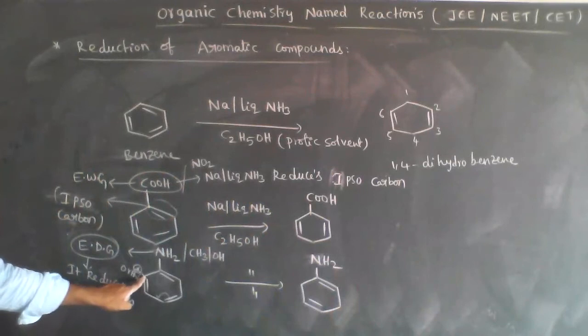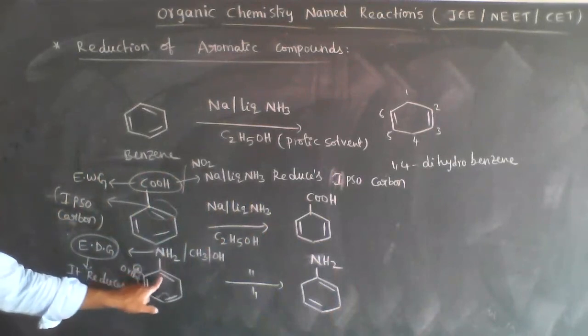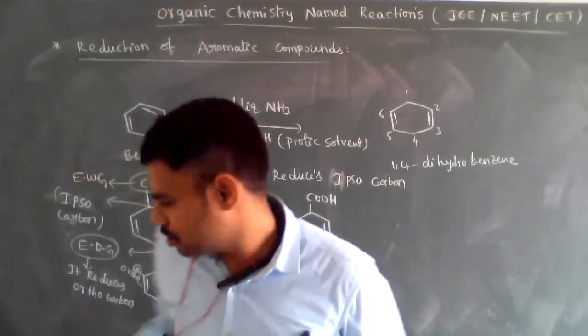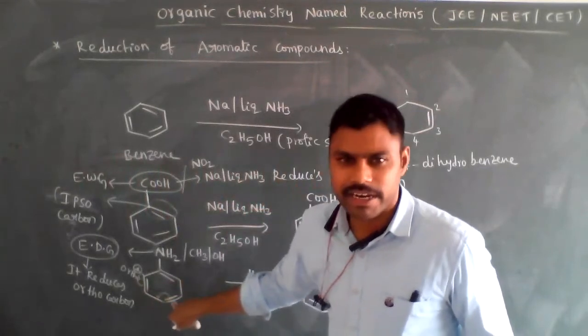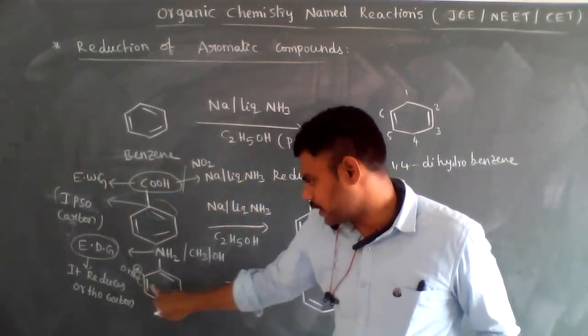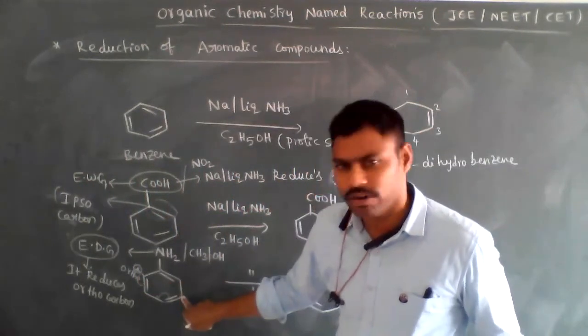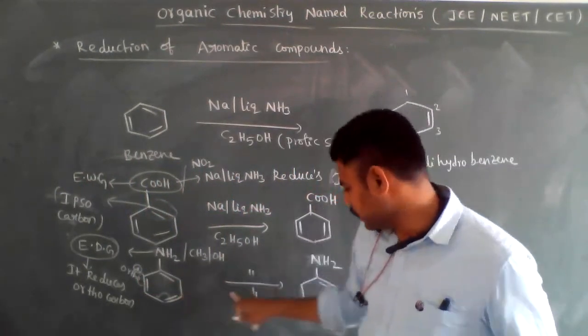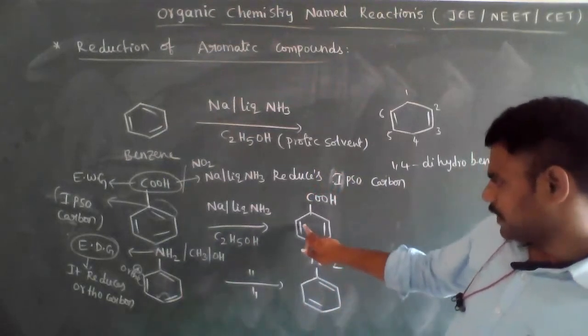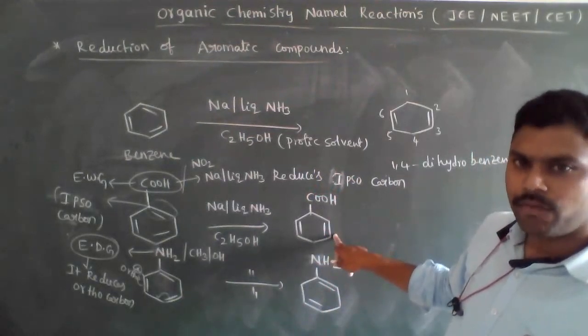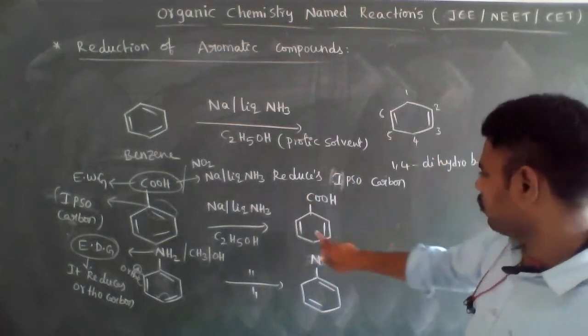NH2. See, the carbon bearing the NH2 group cannot be reduced. The remaining one double bond will be reduced. This double bond will reduce and it will migrate to here. And here one hydrogen atom and here one hydrogen atom will add. Then we are getting the product. See, 1,4 dihydro compounds.